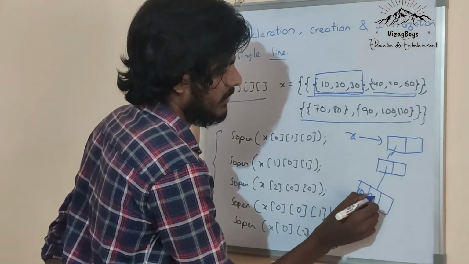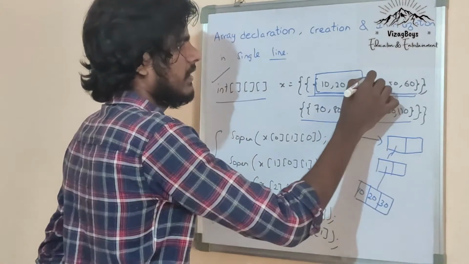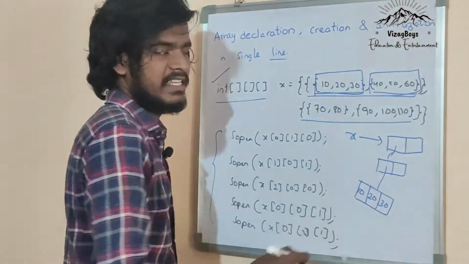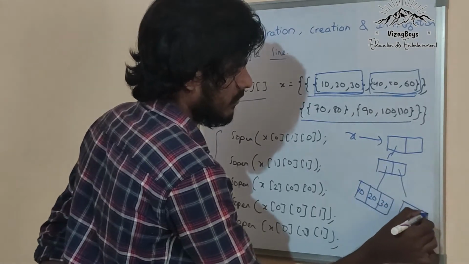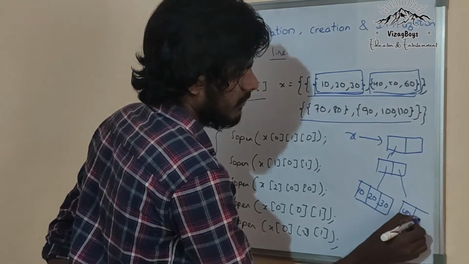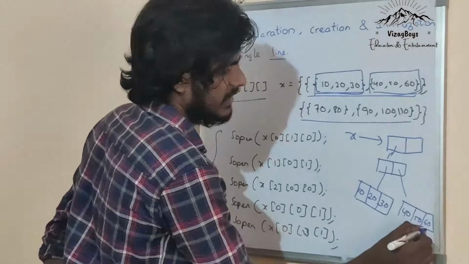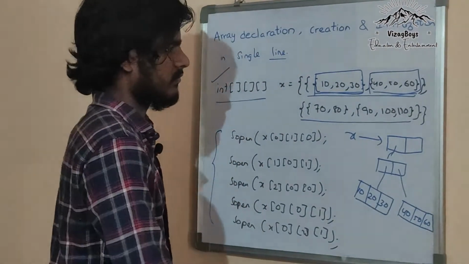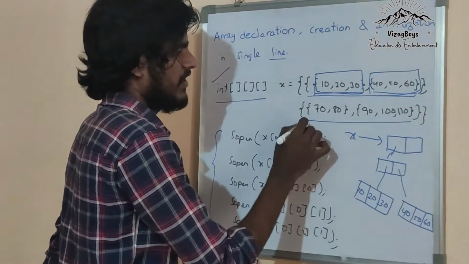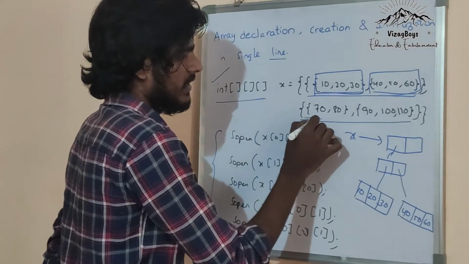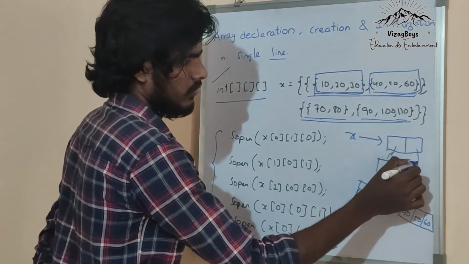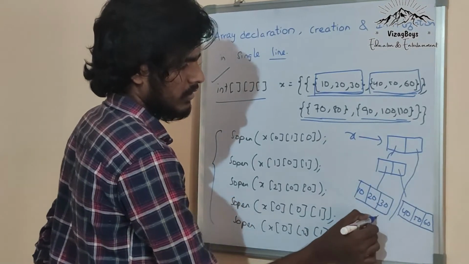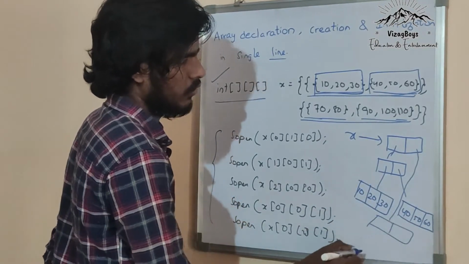What is the value? 10, 20, 30. This element contains a single dimensional array of size 3. What is the value? 40, 50, 60. The other element contains a two-dimensional array of size 2.